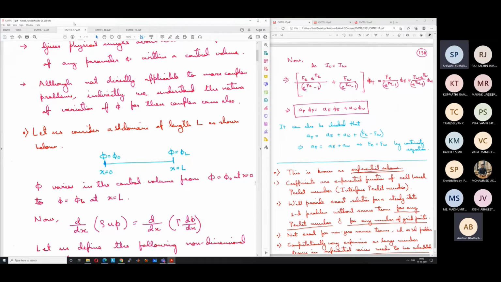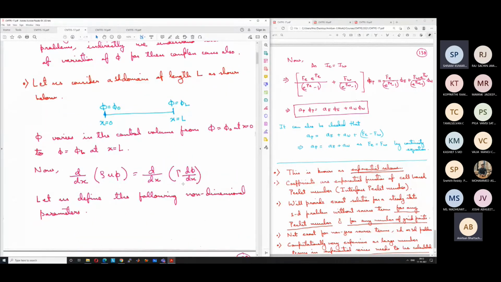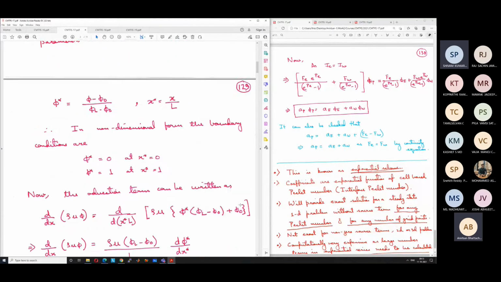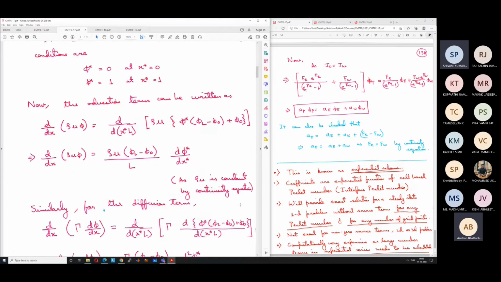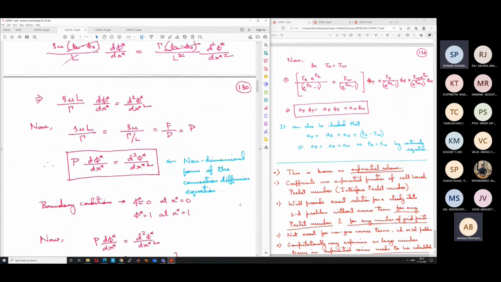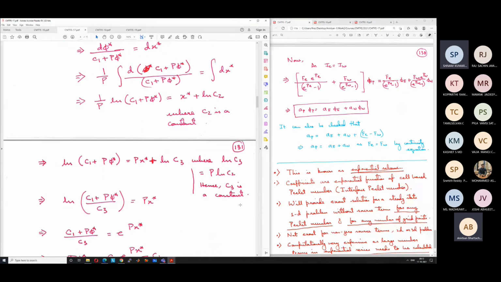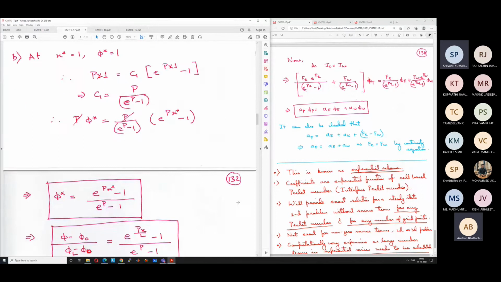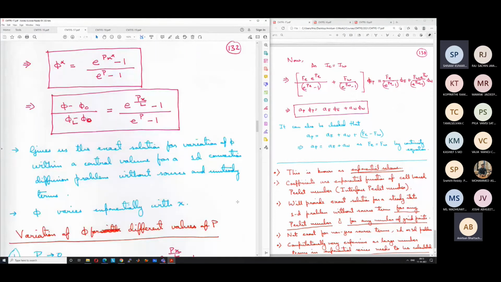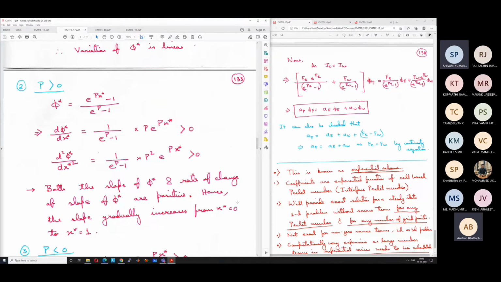One dimensional, without source term and without unsteady term. And we tried to solve for the variation of phi by directly analytically solving the equation. This was our analytical equation for the 1D convective diffusive problem without source and without unsteady term. And we were able to solve it with proper boundary conditions and we found the variation. The variation came out to be exponential in nature. This was the variation.